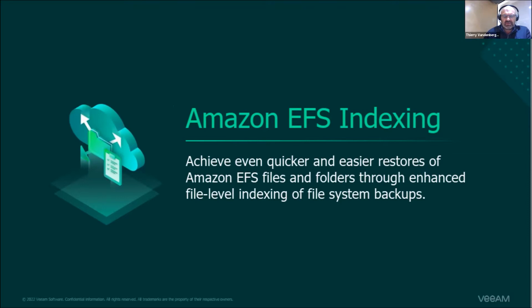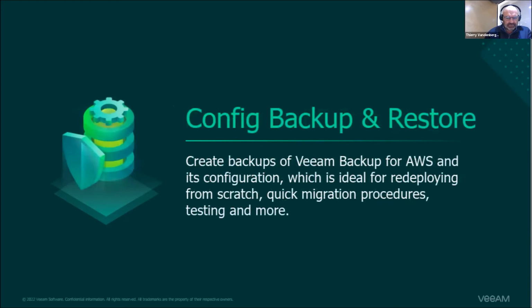It's comparable with people who know Veeam Backup and Replication for on-site products and their file system backups there. It's quite easy to simply enter a keyword of the files you're looking for, and it will search within that index. Now we have that for the Elastic File System backup within the product also.